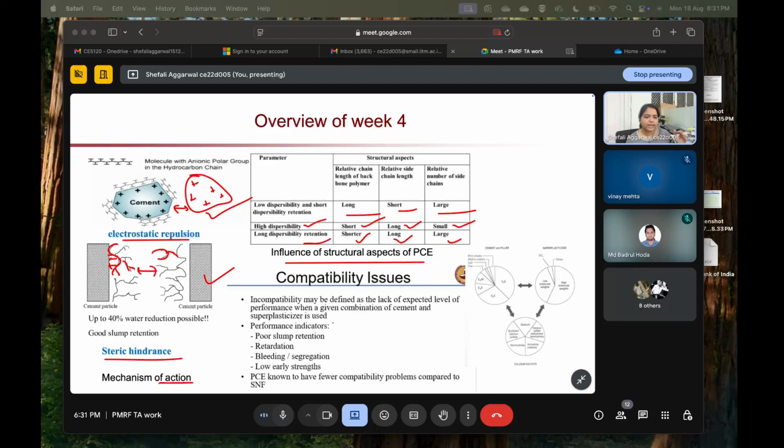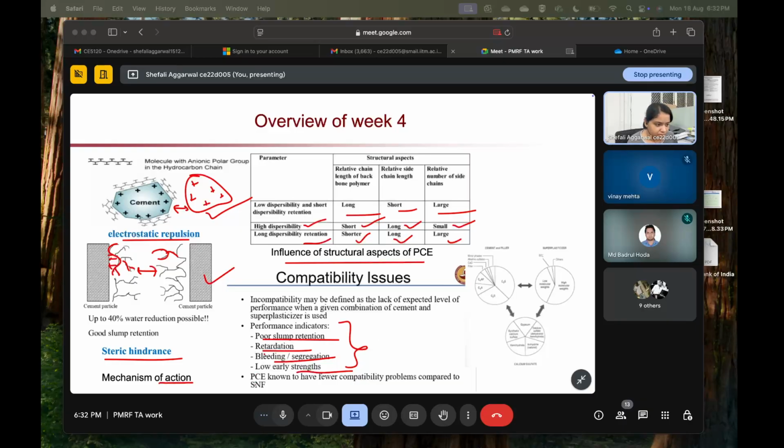So how will we know if your superplasticizer is compatible with your concrete or not? We do a slump test. If you are getting poor slump retention, or it is causing retardation to the concrete, or there is bleeding or segregation in your concrete, or low early strength, these are the few performance indicators to check if your superplasticizer is compatible with cement paste or not.